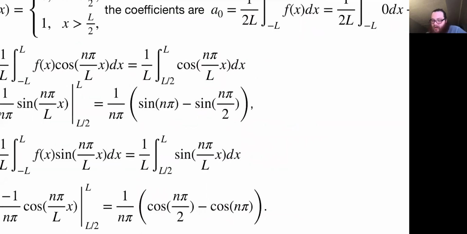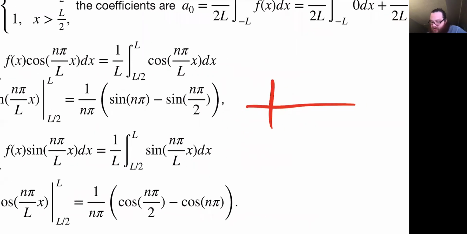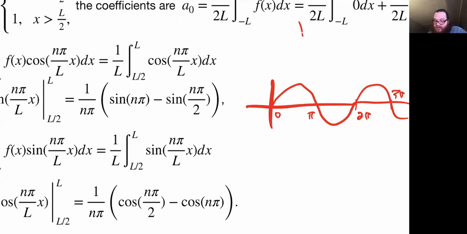If you sketch what sine looks like, that's 0, pi, 2 pi, 3 pi, etc. So the observation is that sine of n pi is always 0.